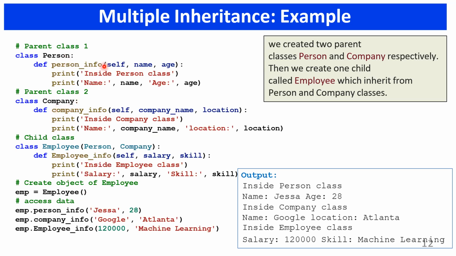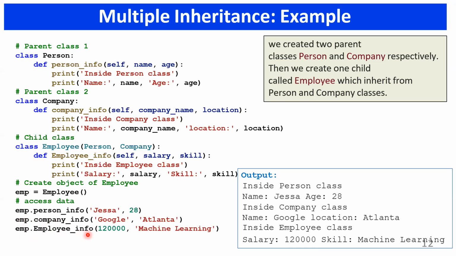That means it inherits the attributes and methods of both of these base classes, which are person and company. So you can invoke person_info by using the emp object. You can also invoke company_info by using the child class object emp.